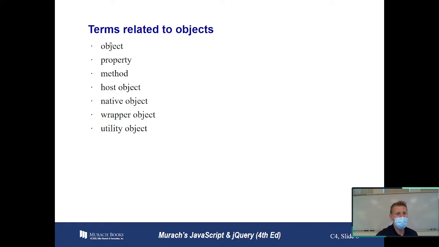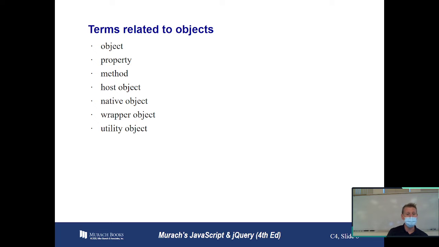So some of the terms related to objects. An object is just a representation of a thing. A browser window can be an object. An HTML document can be an object. A heading element can be an object. It's a generic term for a thing. A property is a piece of data.